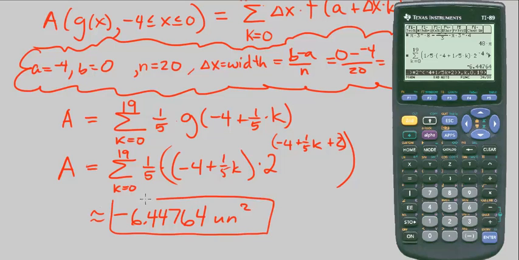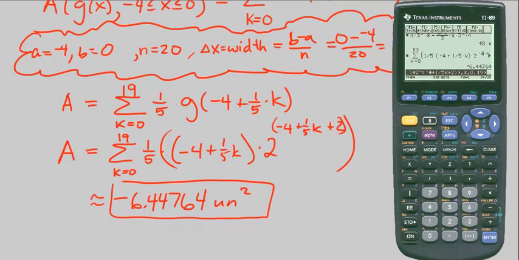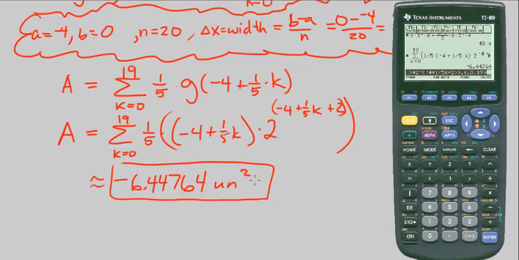And that ends the problem, but let's look at how close this answer is to the actual area. Because remember, this is the estimated area using Riemann sums and rectangles.